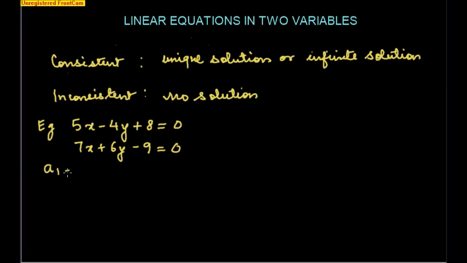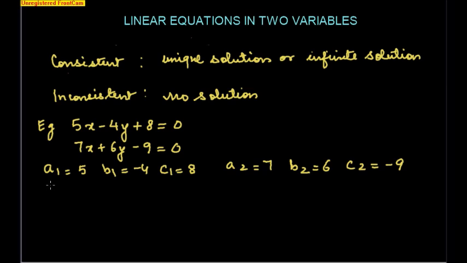A1 is 5, B1 is minus 4, C1 is 8, A2 is 7, B2 is 6 and C2 is minus 9. Now A1 upon A2 is 5 upon 7, and B1 upon B2 is minus 4 upon 6, which in the simplest form is minus 2 by 3.